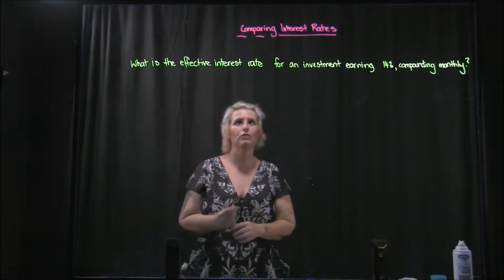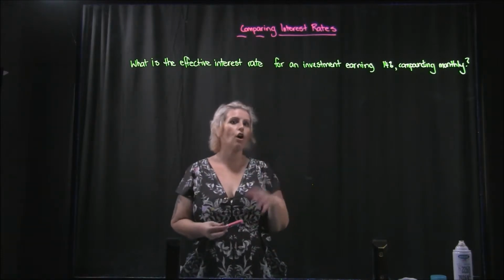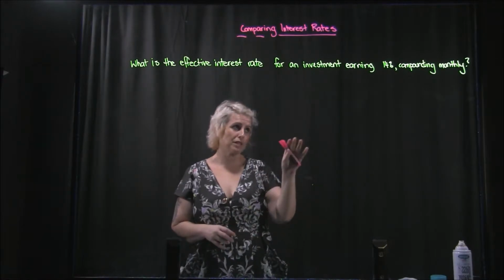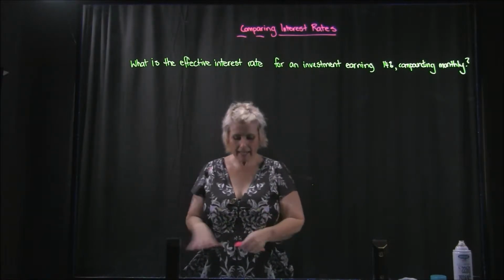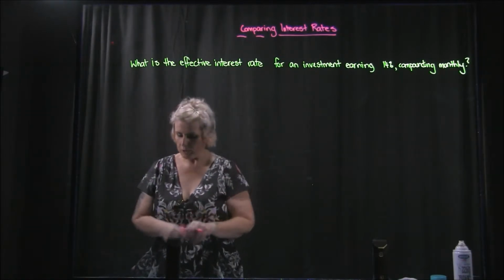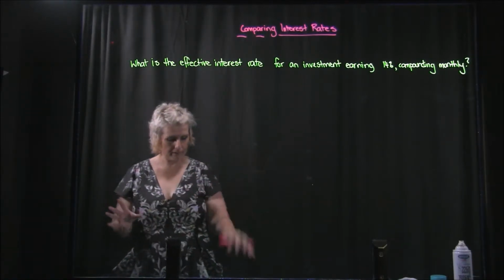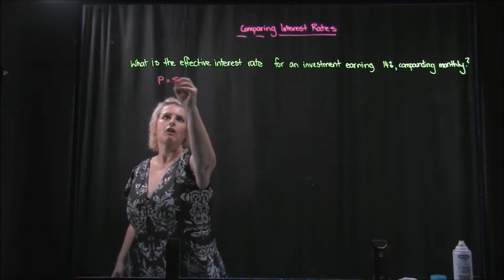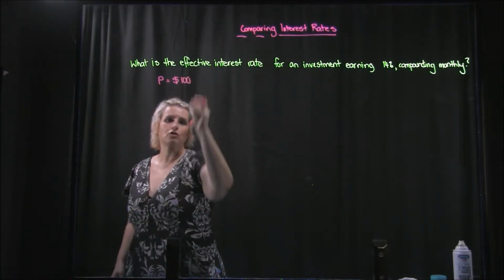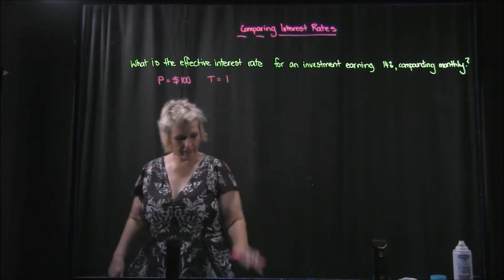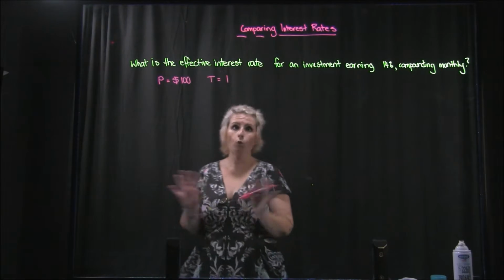Okay, so we're looking at working out the effective interest rate for an investment that is earning 14% compounding monthly. Now, to work out the effective interest rate, we don't actually need a principal. What we do is we work out the interest on $100 for 1 year. Always.